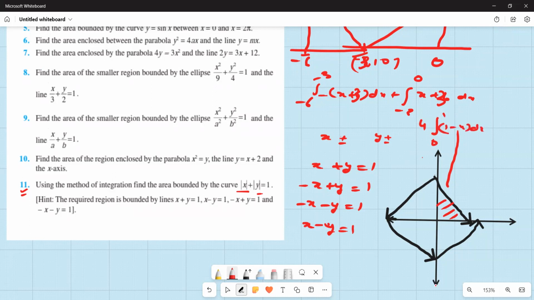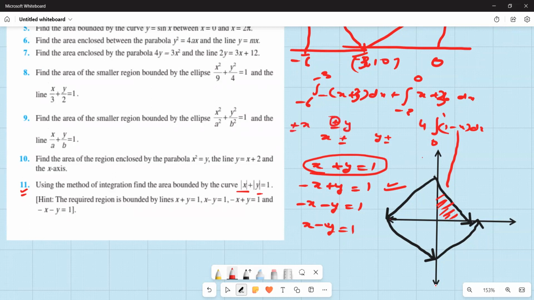The main thing is the figure, and this is symmetrical about the x-axis and y-axis. So you can say this required area is 4 times this shaded area, which is 1 minus x. I am taking this equation because in the first quadrant, both x and y are positive. In the second quadrant, see, mod x means plus or minus x, and mod y is plus or minus y.